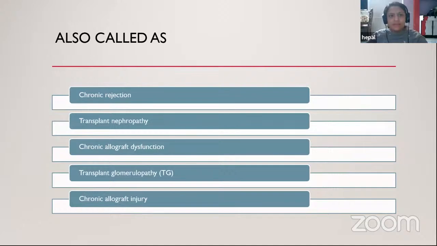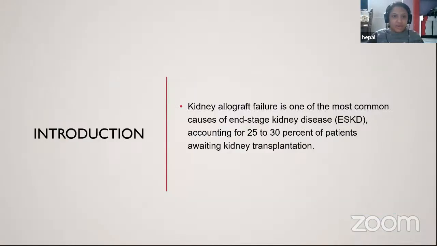It's also called chronic rejection, transplant nephropathy, chronic allograft dysfunction, transplant glomerulopathy, or chronic allograft injury. Over a period of time, all these nomenclatures have come. It is one of the most common causes of end-stage kidney disease, accounting for 25 to 30% of patients awaiting kidney transplantation, awaiting their second transplant.